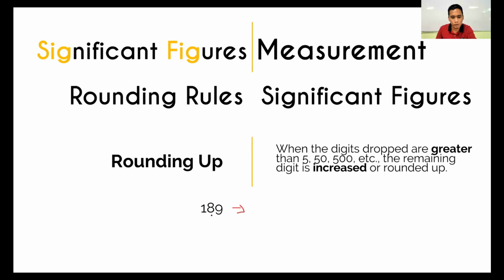Since 8 is greater than 5, you apply rounding up, so it becomes 200.